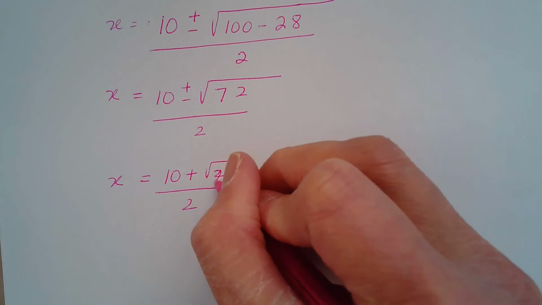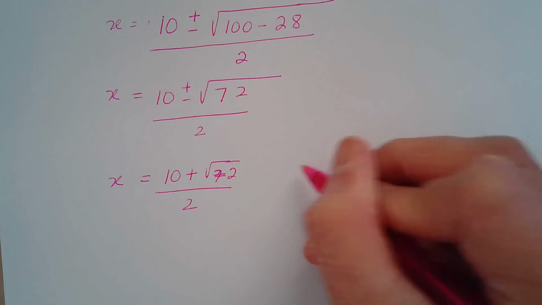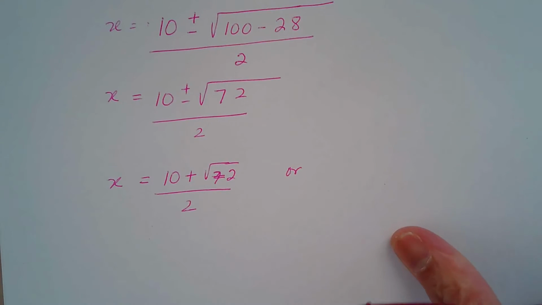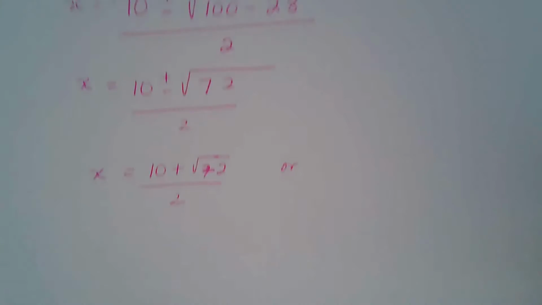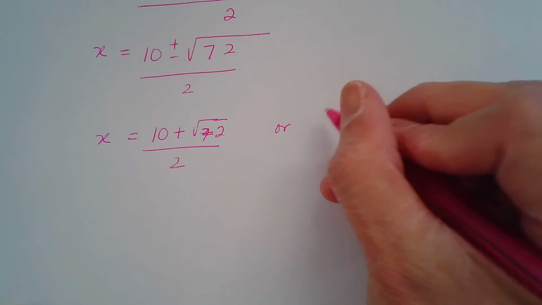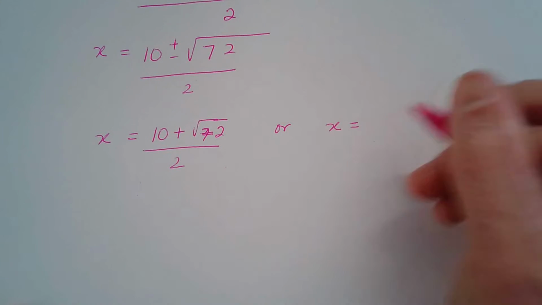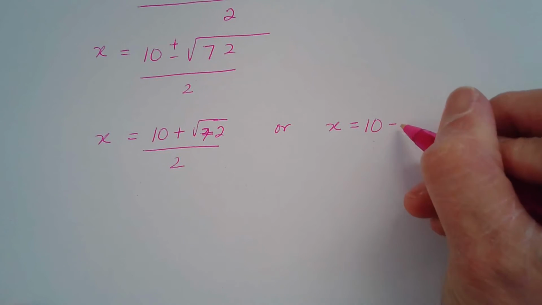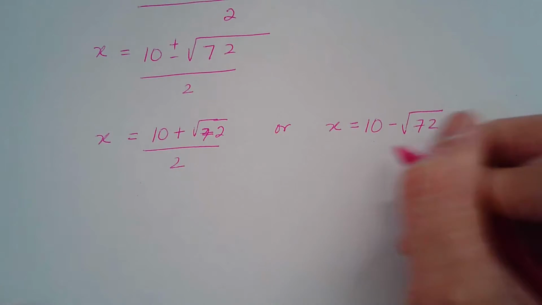Oh, 72, thank you. Or we can say 36 times 2. Or, oh yeah, you could do that. You could simplify the radical, yes. Yeah, you're right. Or, here's the other one, 10 minus the square root of 72 over 2.